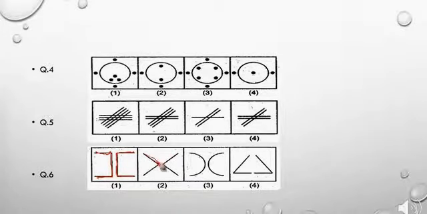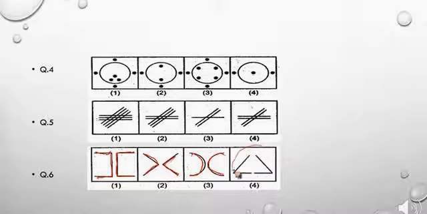Similarly, in problem figure 2, the shape here and shape here is the same, but the directions are opposite. Similarly, in case of problem figure 3, this shape and this shape are the same, but the directions are reverse.